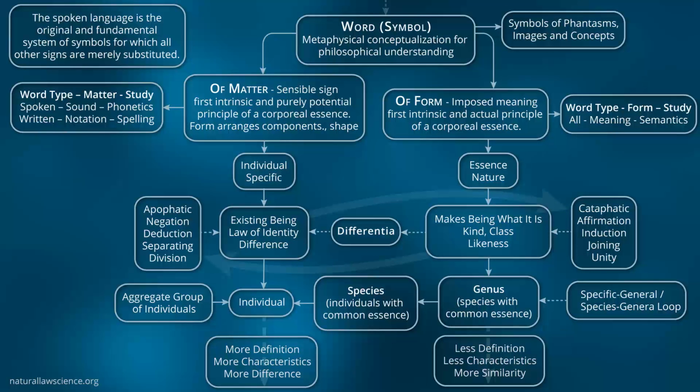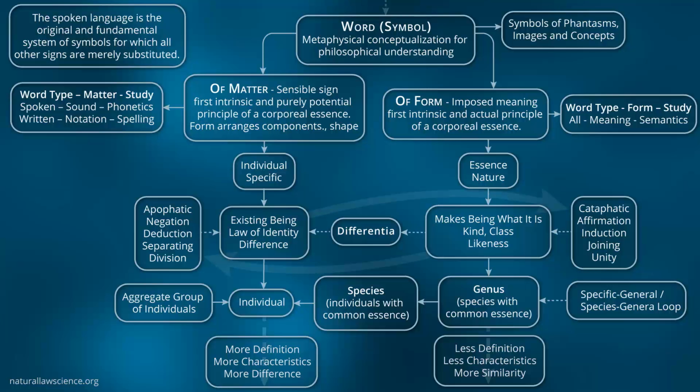So the form is the first intrinsic and actual principle of a corporeal essence. The matter is the potential to be something once it has a form, and the form is the actual. We'll be getting more into the potential and actual part of matter and form. So matter, the word type is spoken and written, and for spoken, the matter of spoken is sound.